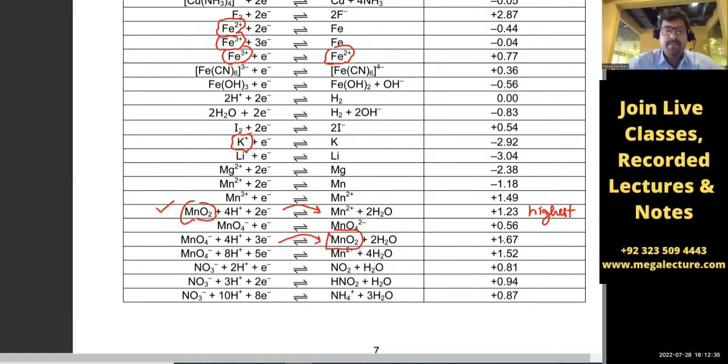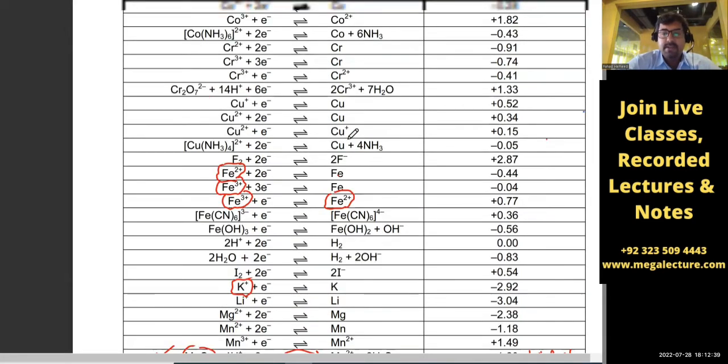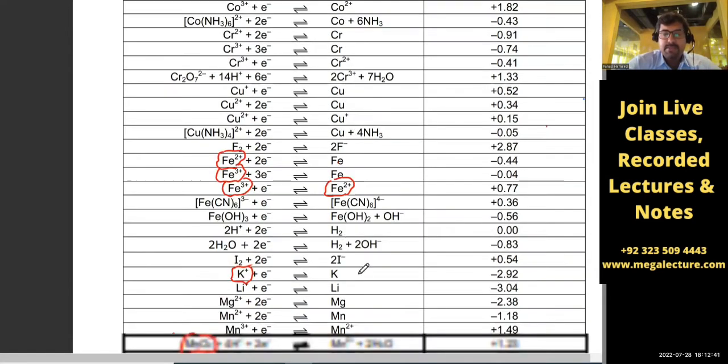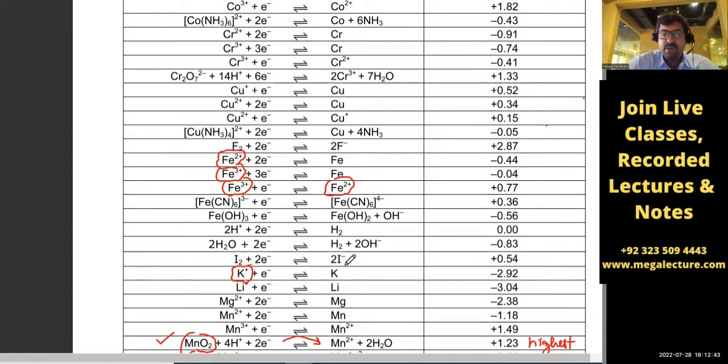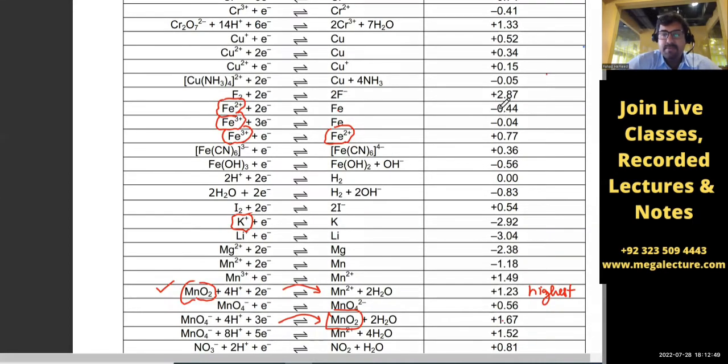Okay, so I've written down this equation. I'm going to try and figure out who loses electrons. One by one, the one that has the lowest potential, minus 2.92, K, is going to lose electrons. No, that's not possible. I don't have K. Who has the lowest potential? It's minus 0.44. Fe is the one that's going to lose electrons. I don't have Fe. Okay. Then you have the lowest, minus 0.04.